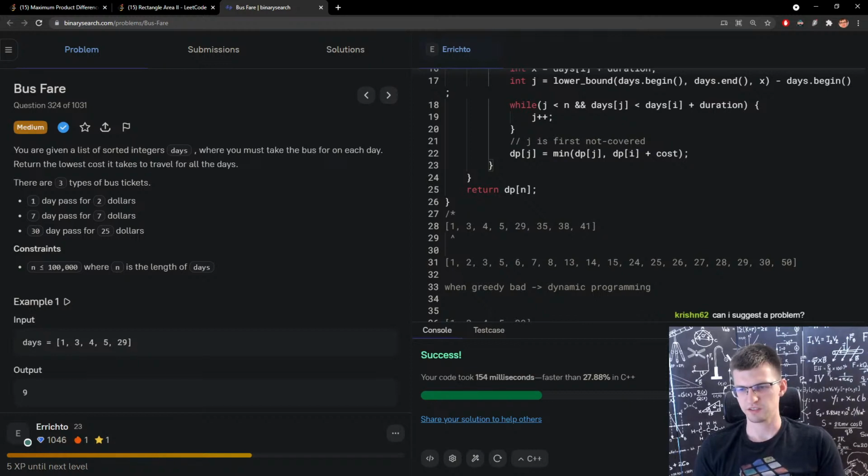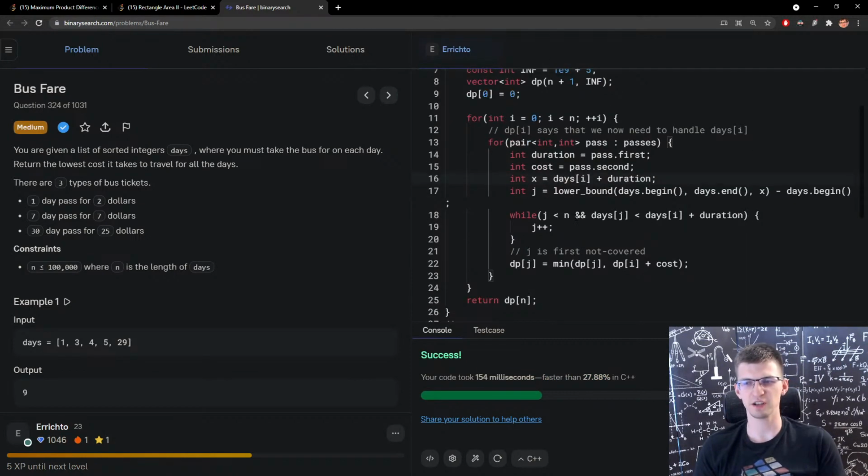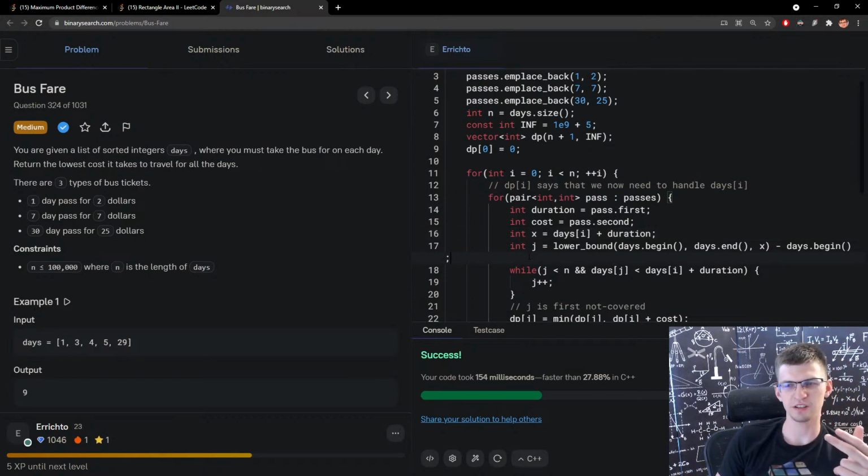Okay, so success. Interestingly enough, it's slower than the previous solution. That's because this one is always log of n, and we do it 3 times: for the 1 day pass, the 7 day pass, and the 30 day pass. So it's actually 3 times logarithm. While the previous solution was much simpler, so the constant factor was smaller, and we just moved to the right at most 30 times, plus 7 plus 1.